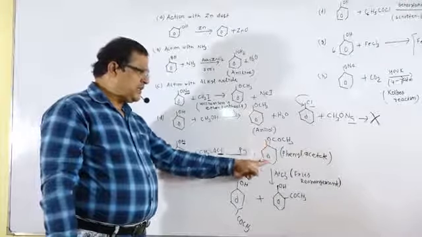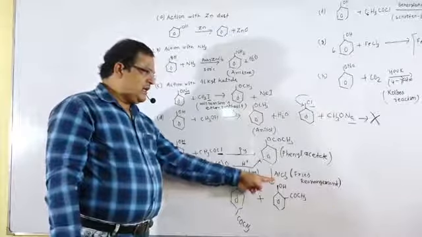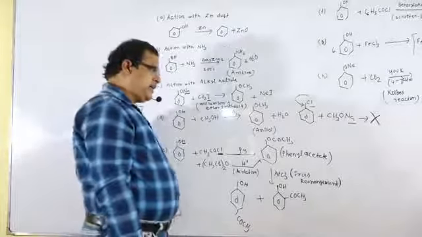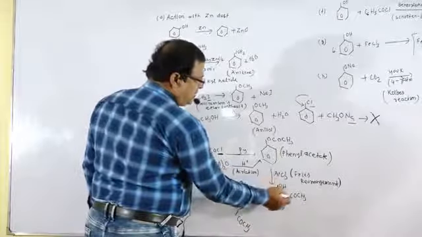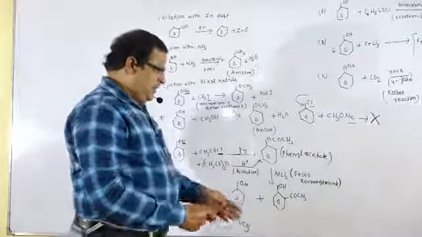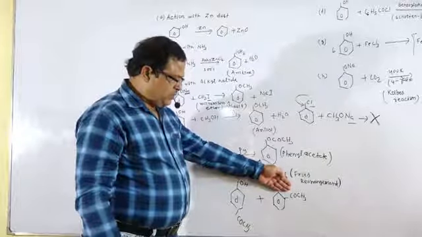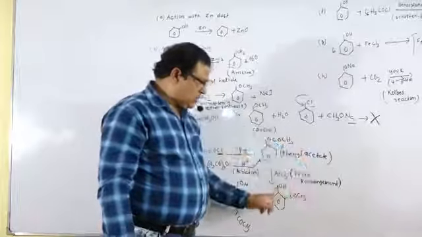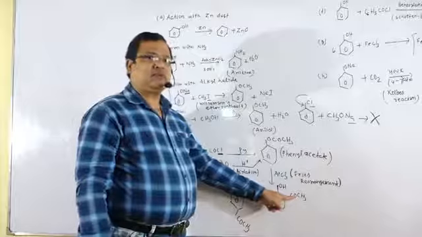So this phenyl acetate in presence of AlCl3 gets rearranged, and that rearrangement reaction is known as Fries rearrangement. So there is the formation of the ortho product or the para product. Then how to name this compound? If this group is there, it is known as acetophenone. If this group is there, it is known as phenol. Among these two groups, the COCH3 group is treated as the senior group.